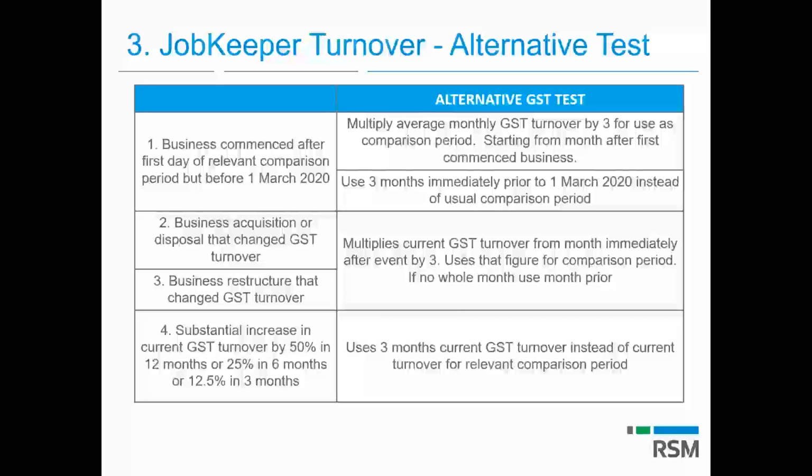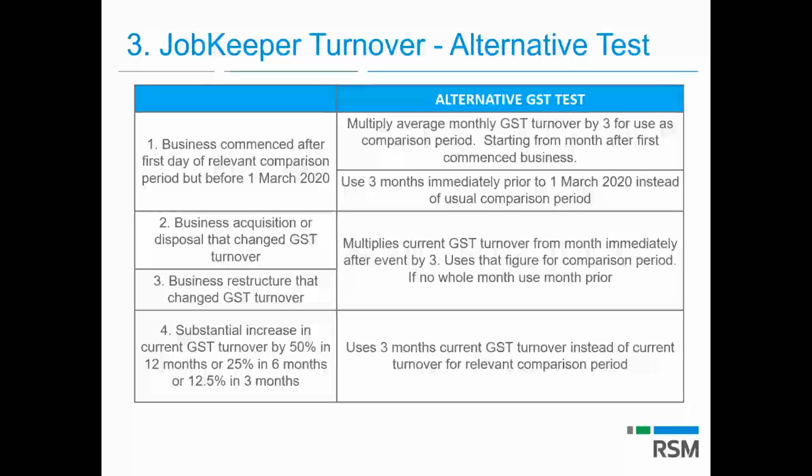The fourth test listed up there is of assistance to entities who have experienced significantly increased turnover, with the premise being that these entities no longer have the same business structure that they previously had, and therefore the comparison turnover needs to be calculated to account for that change.